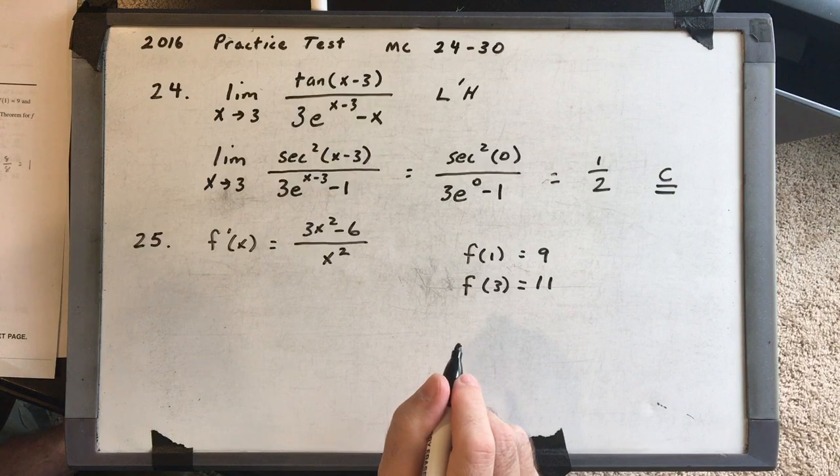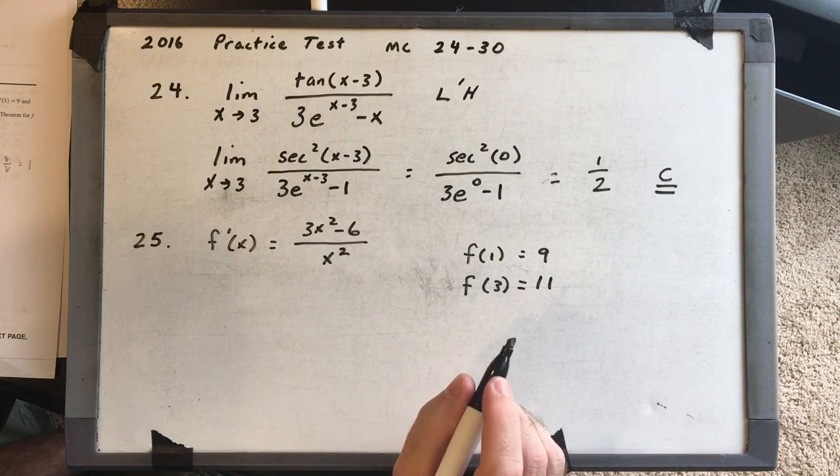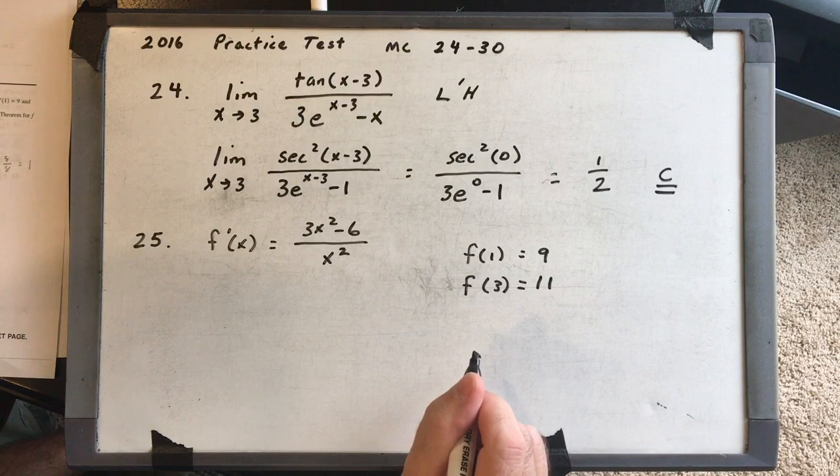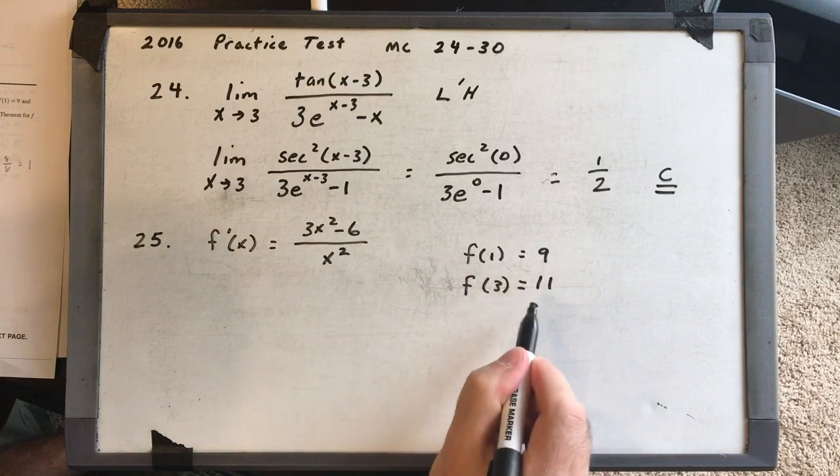And it says what value of x in the open interval 1 to 3 satisfies the mean value theorem. Remember, mean value theorem means that the slope of the secant line is equal to the slope of the tangent line. I can get the slope of the secant line from this information right here.